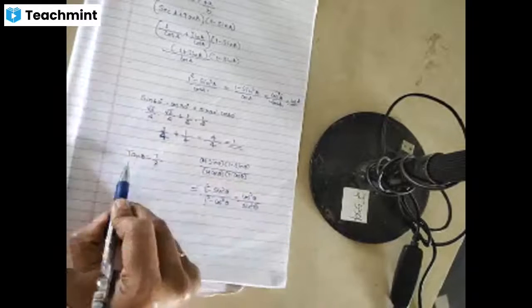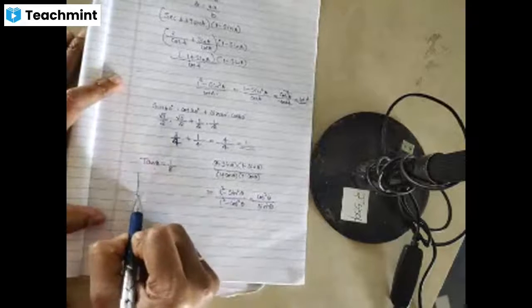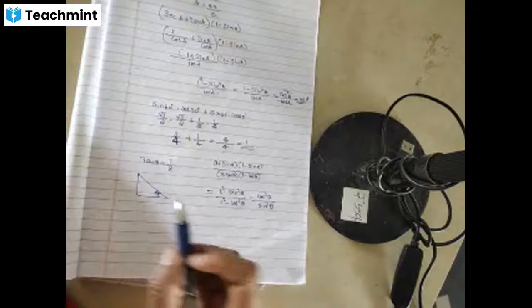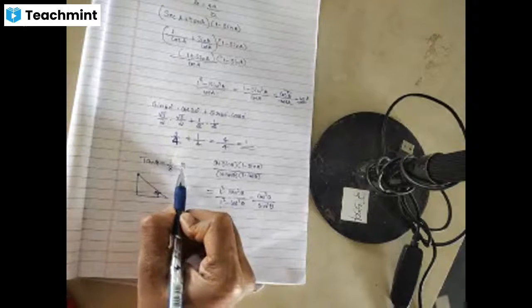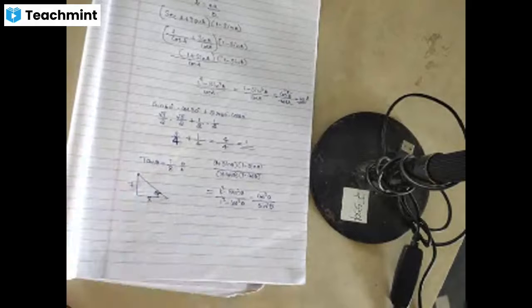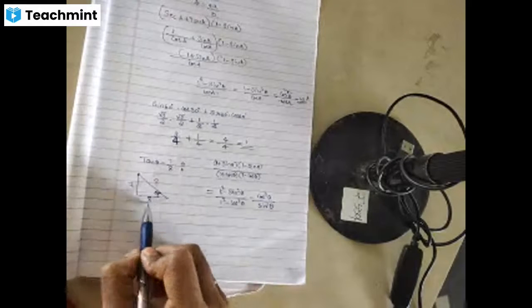Now we will apply the value. Before that we must find out the value. Tan theta, I'll draw here the right angle triangle. I'll take this one as theta. Tan theta means opposite by adjacent, isn't it? So opposite is 7, adjacent is 8. So what about the hypotenuse? This square is equal to this plus this square.